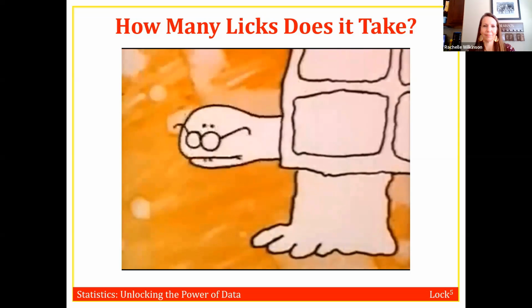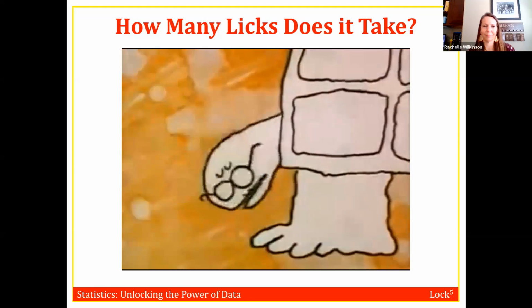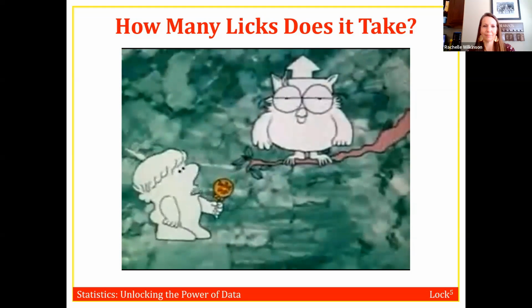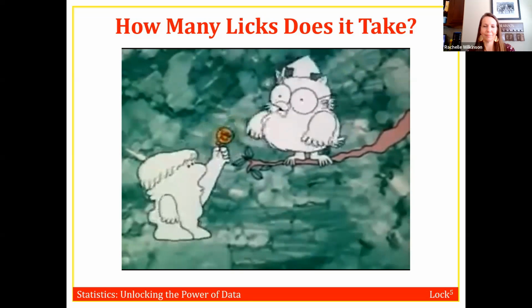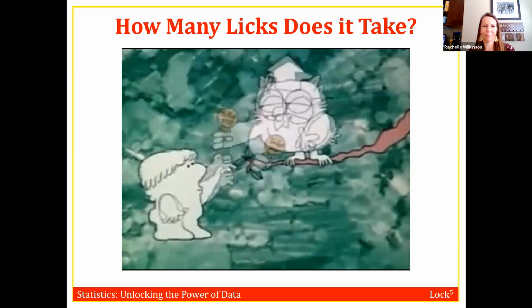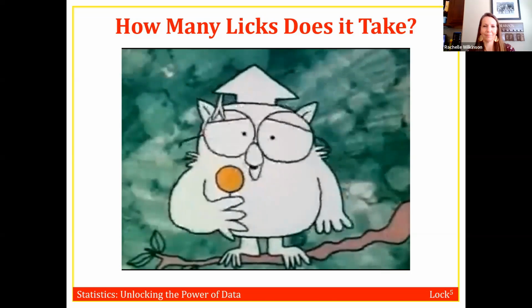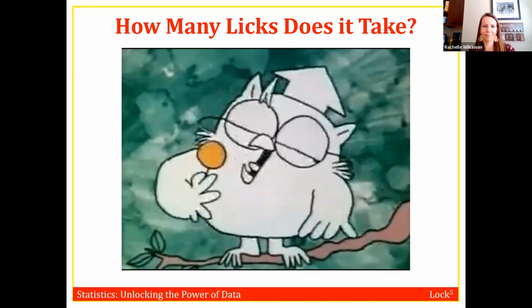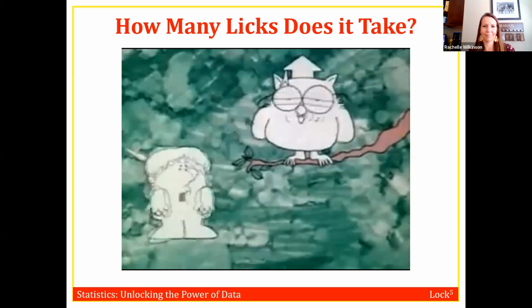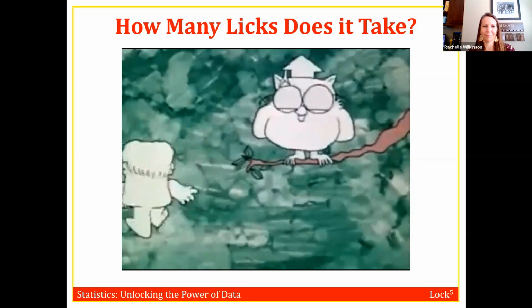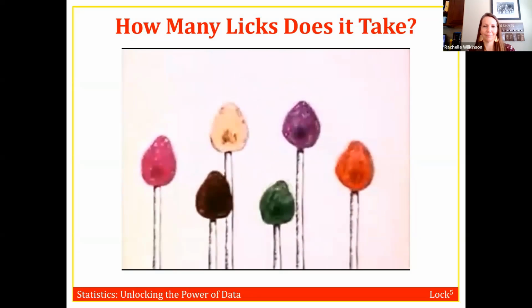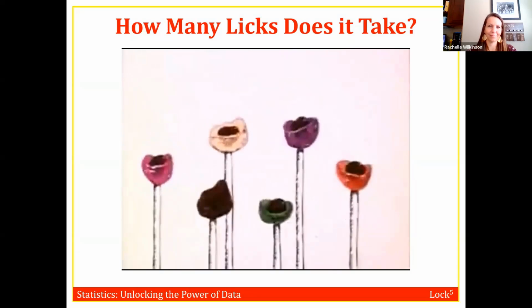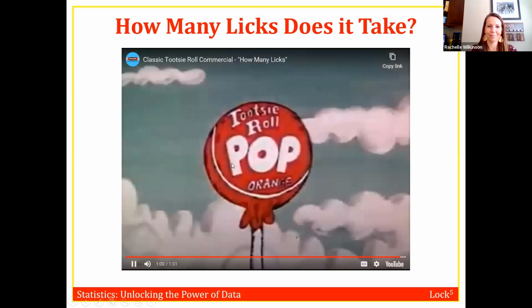Ask Mr. Owl, for he is the wisest of us all. Mr. Owl, how many licks does it take to get to the Tootsie Roll center of a Tootsie Pop? A good question. Let's find out. 1, 2, 3, crunch. If there's anything I can't stand, it's a smart owl. How many licks does it take to get to the Tootsie Roll center of a Tootsie Pop? The world may never know.